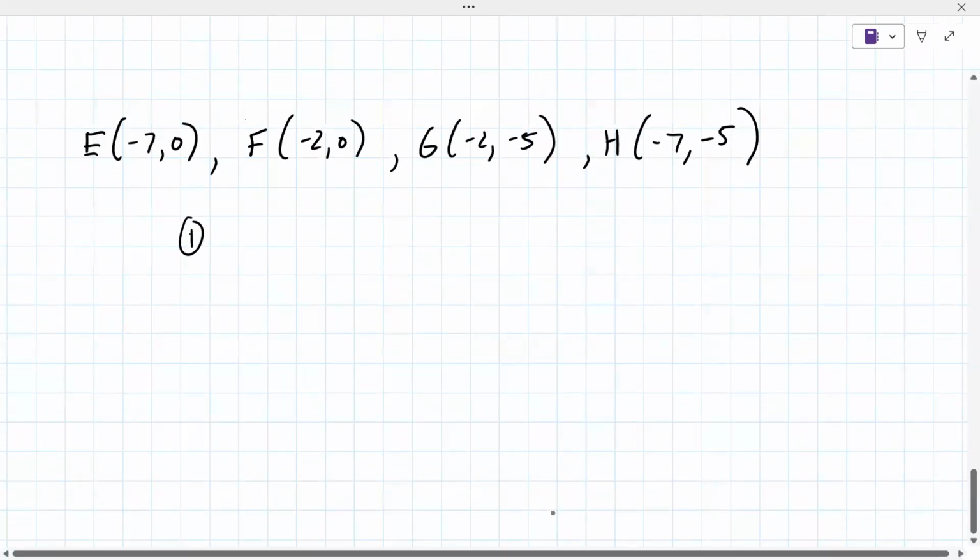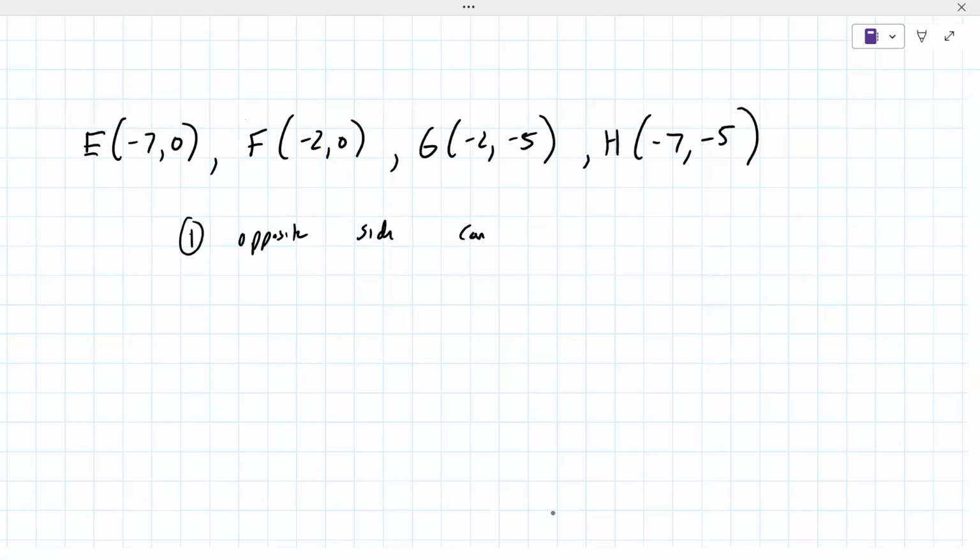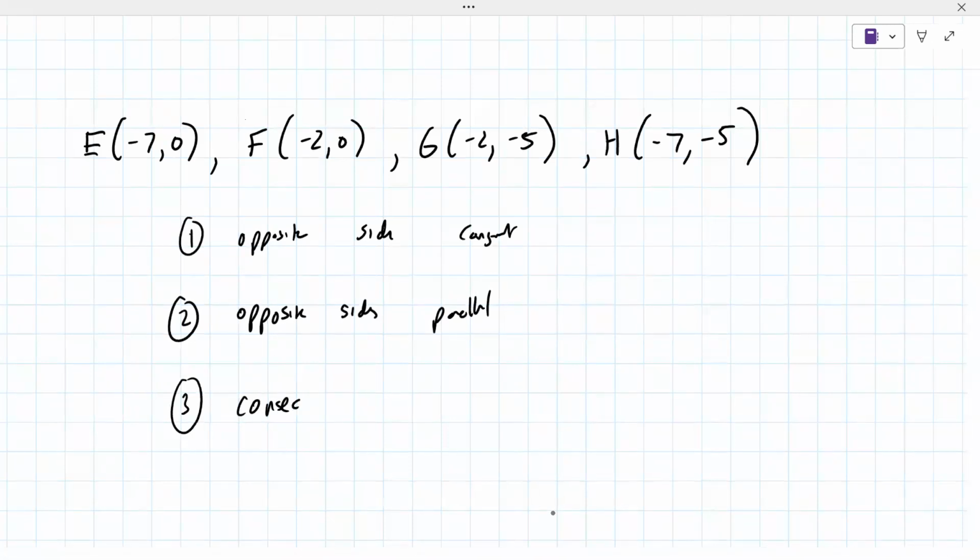That's really the first thing to proving that this is a square, and it comes from that table: opposite sides congruent, opposite sides parallel. Then you want to show that consecutive sides meet at 90-degree angles.